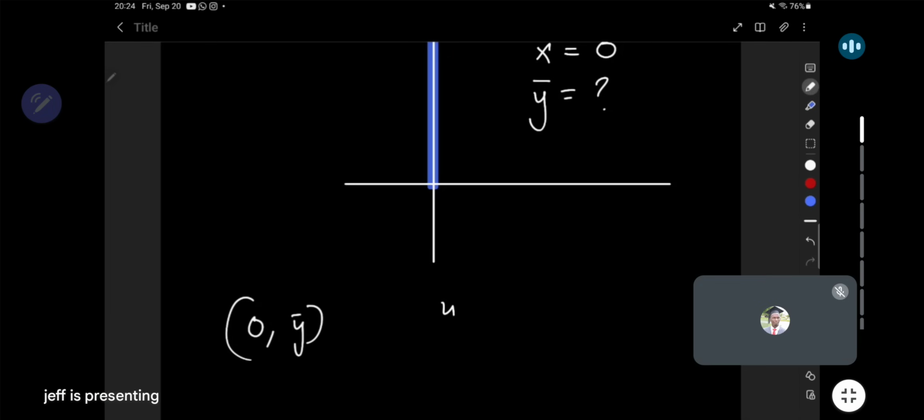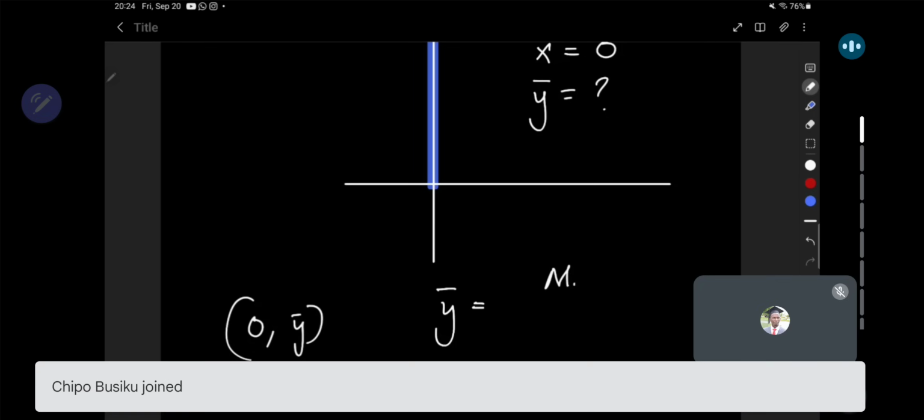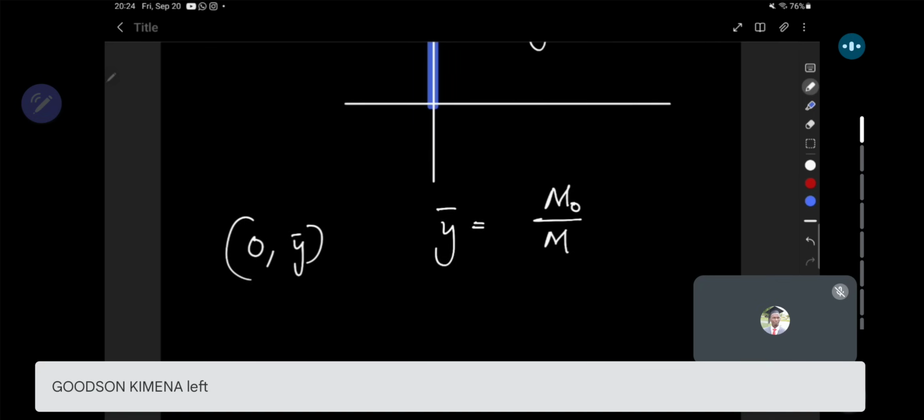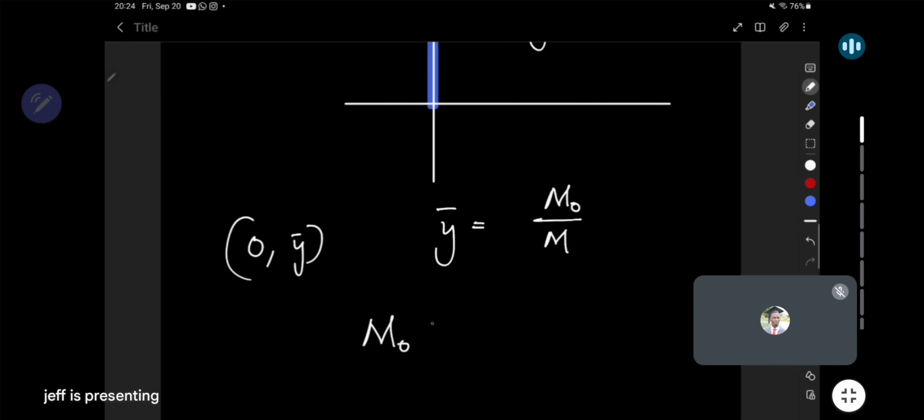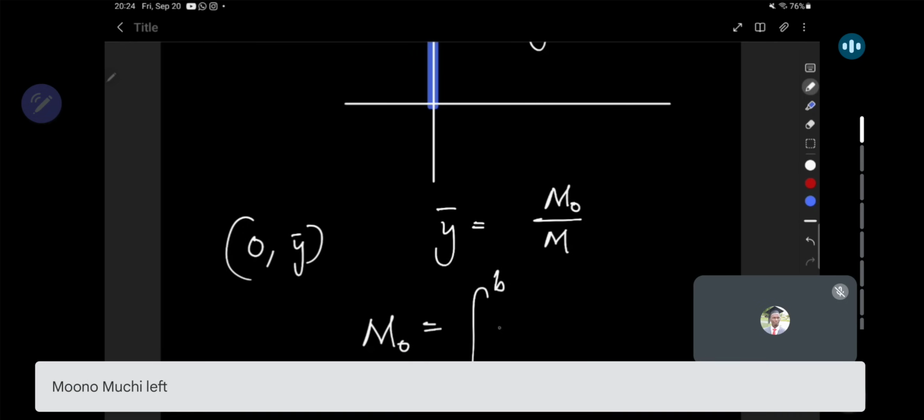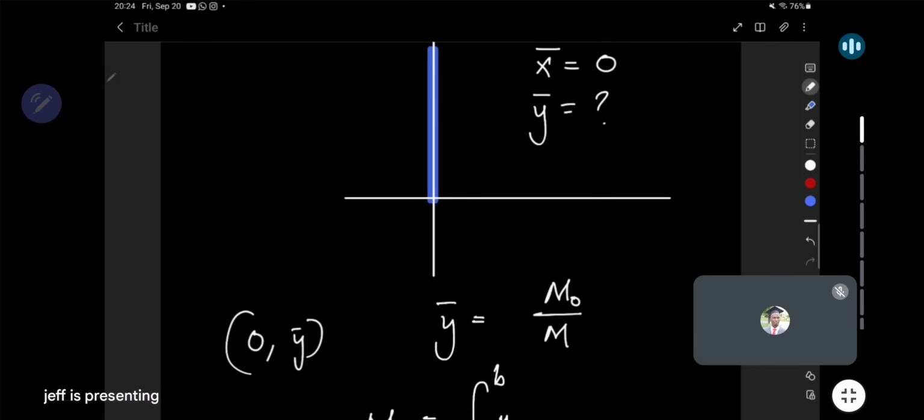To get y bar now, this will be equal to the moment about the origin over the mass. In this case, the moment about the origin would be an integral from A to B of y. Why am I saying y? The distance you'll be using will be a vertical distance.